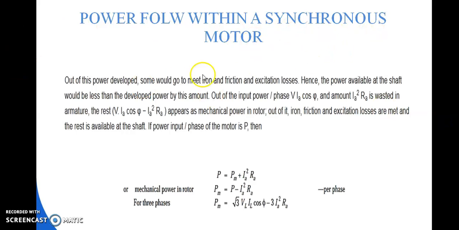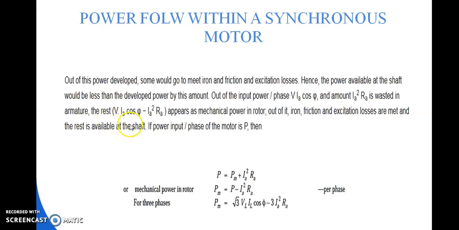Now power flow within a synchronous motor. Out of the power developed, some would go to meet iron, friction and excitation losses. Hence, the power available at the shaft would be less than the developed power by this amount. Out of the input power per phase, that is V Ia cos phi, an amount Ia square Ra is wasted as loss in the armature.